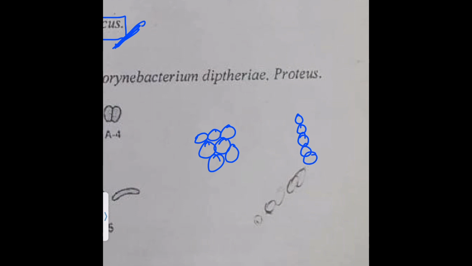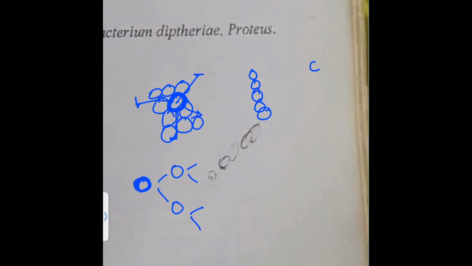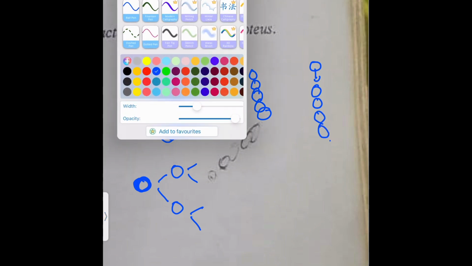I have already said that bacteria multiply by binary fission, right? 1 becomes 2, 2 becomes 4, and 4 becomes 8. So if a bacteria multiplies in every axis, then it forms clusters. But if one bacteria just multiplies in one axis, then it forms chains. You got the point?